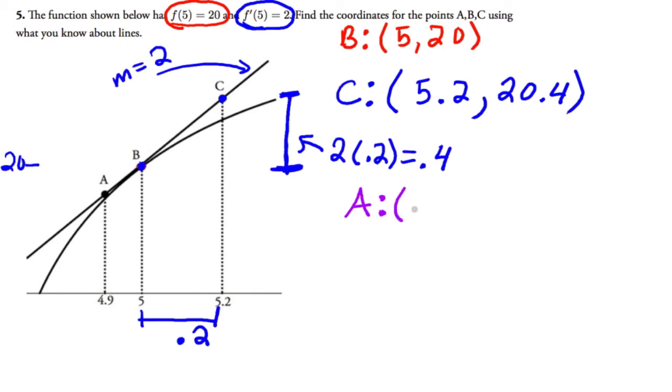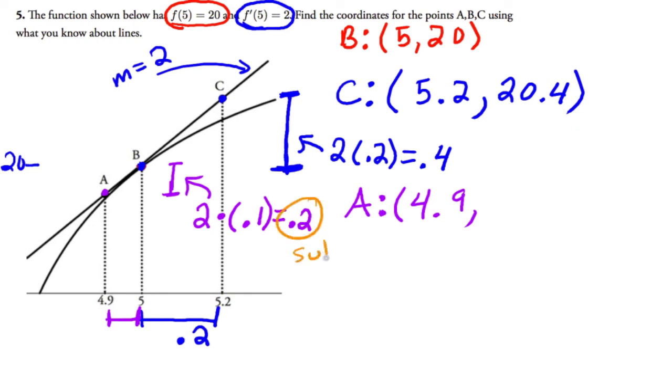So here the x value for A is 4.9, and then for the y value, notice that A is lower than B. So I'm looking for this height right here from A to B, which is going to be the slope, which is 2, times the distance from 4.9 to 5, which is 0.1, and this is equal to 0.2.